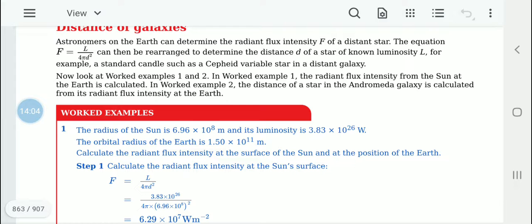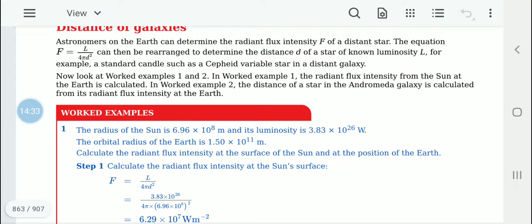So if there is a standard candle, that is a celestial object whose luminosity is known. If you have a Cepheid variable star in a distant galaxy, using the period we can figure out the luminosity, and by finding out the luminosity, we can find out the distance it is from us.